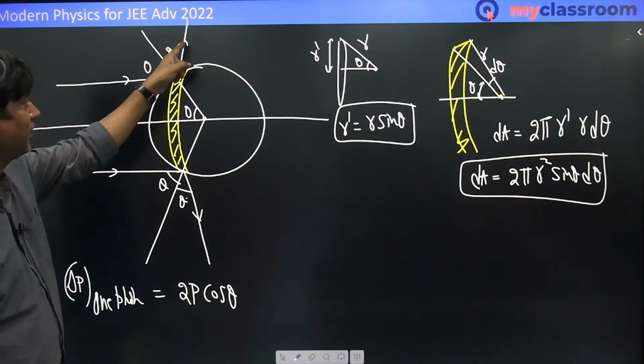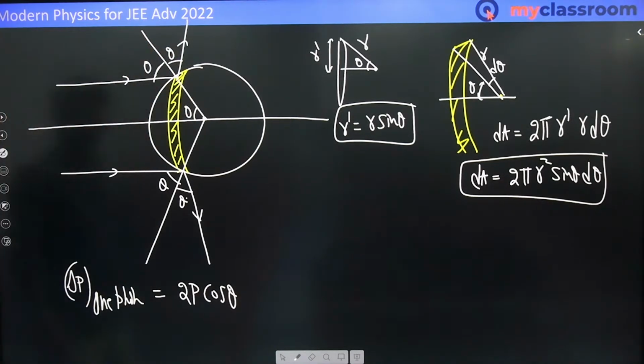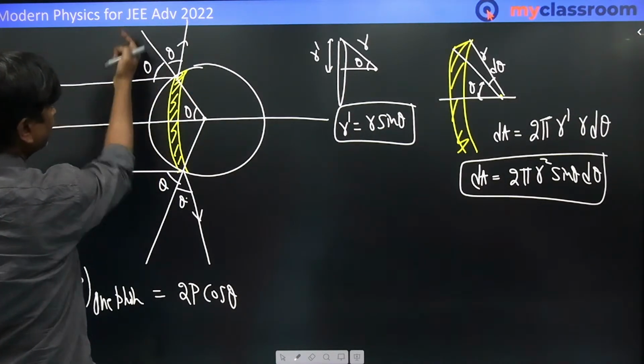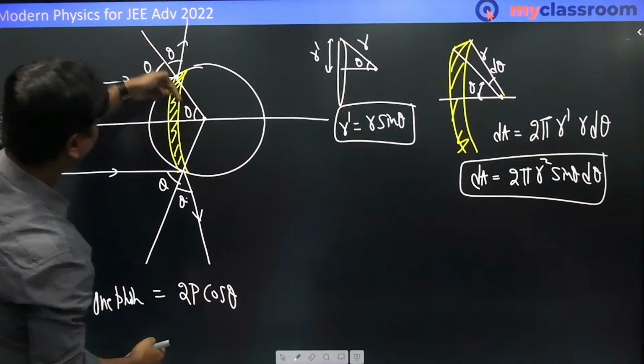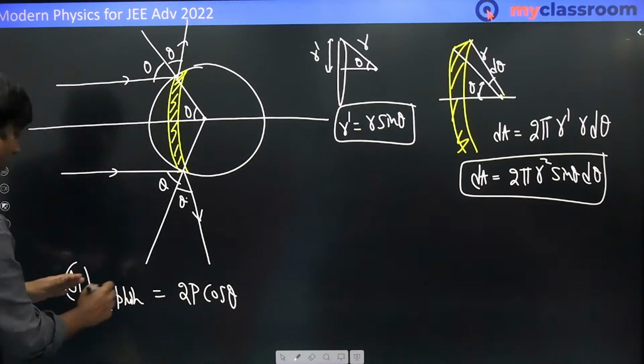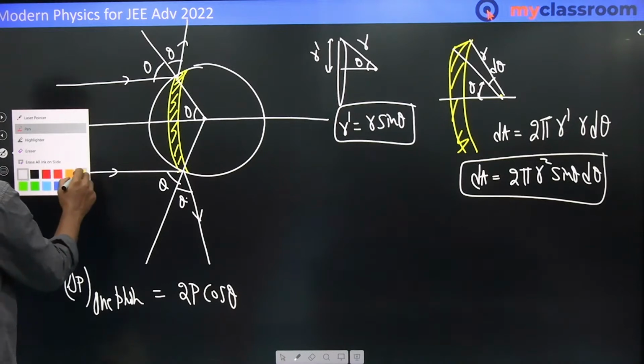Change, because this vector minus this vector, if you do, you will get in this direction, right? Okay, so in that direction, change in momentum means sphere will exert the force in this direction. So photon will exert the force in the opposite direction. Is that clear? Right.